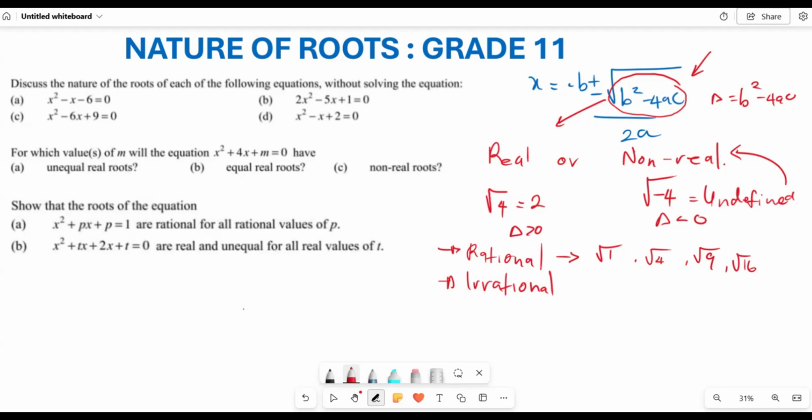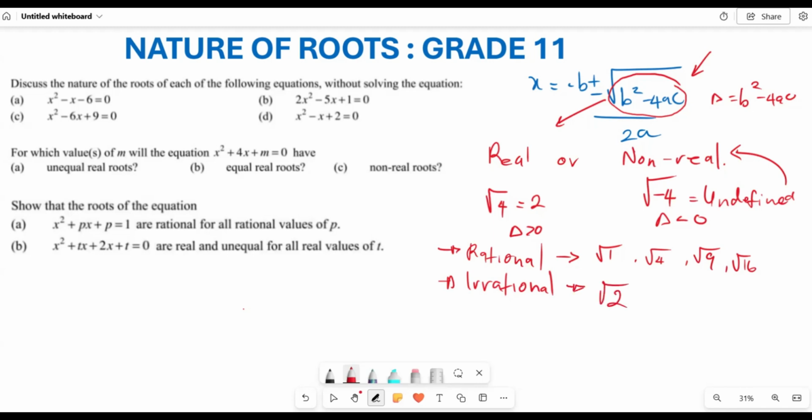These are some of the roots that are understood here as rational. However, your irrational roots will be what now? When we are looking at irrational roots, we are saying these are going to be, for example, your root of 2.